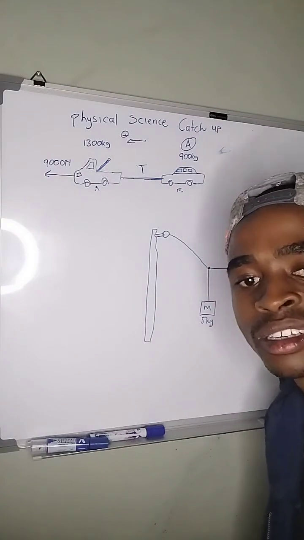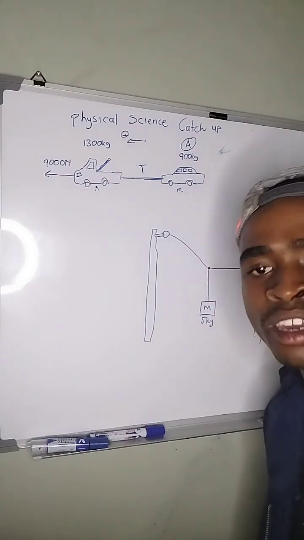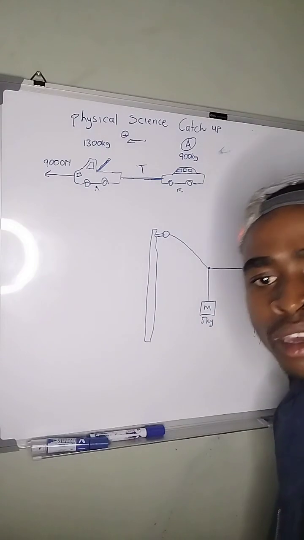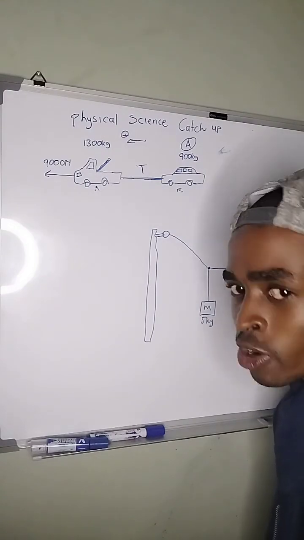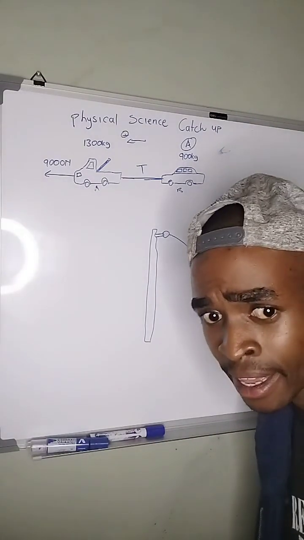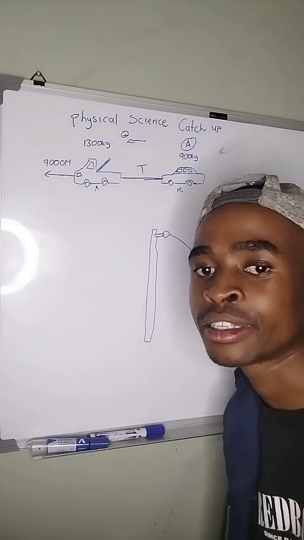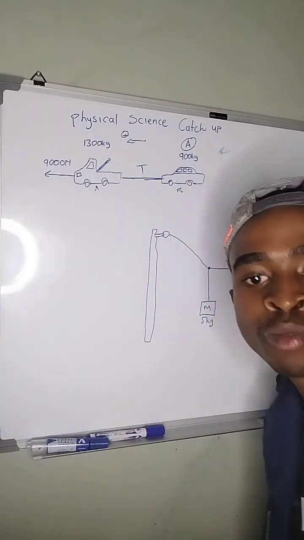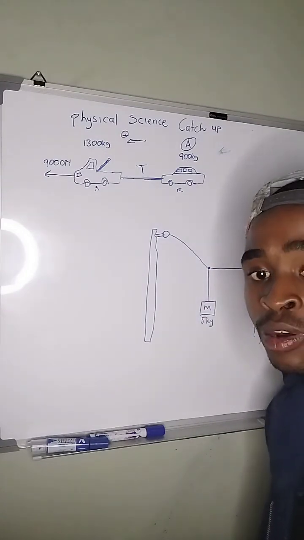Yes, because the object is hanging. Not necessarily not moving. It is hanging. It's not on top of the surface. That's another reason. The object is not on top of the surface.